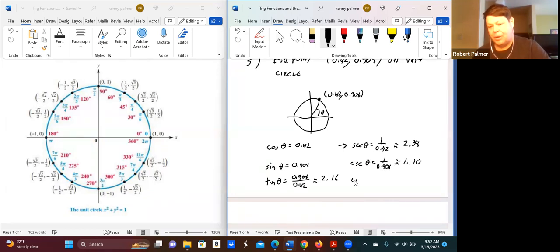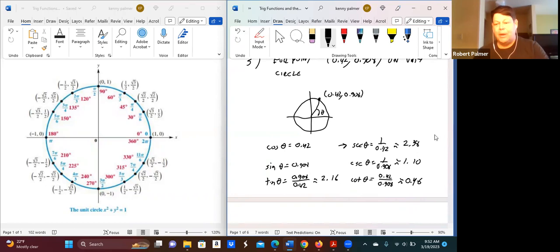And then finally, cotangent of theta is going to be either 0.42 over 0.908 or 1 over 2.16, however you want to do it. And that's going to be approximately 0.46.